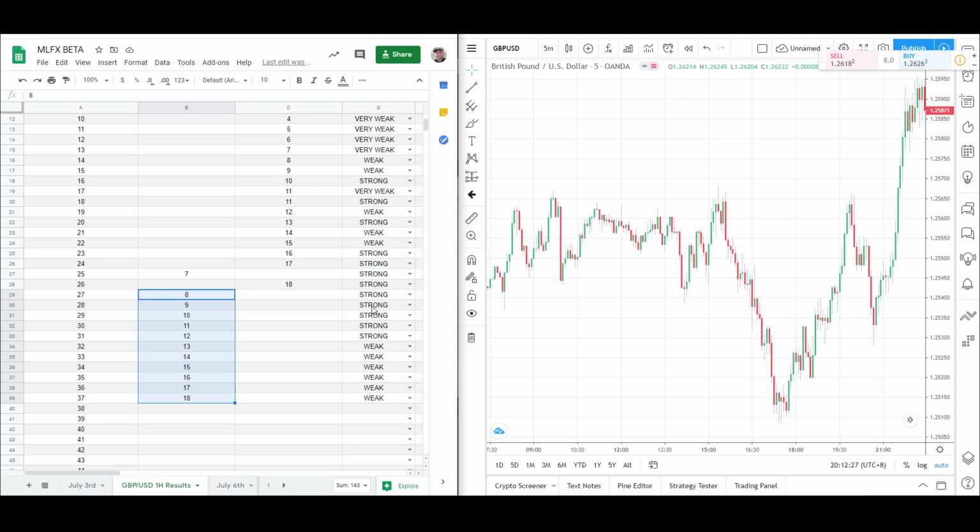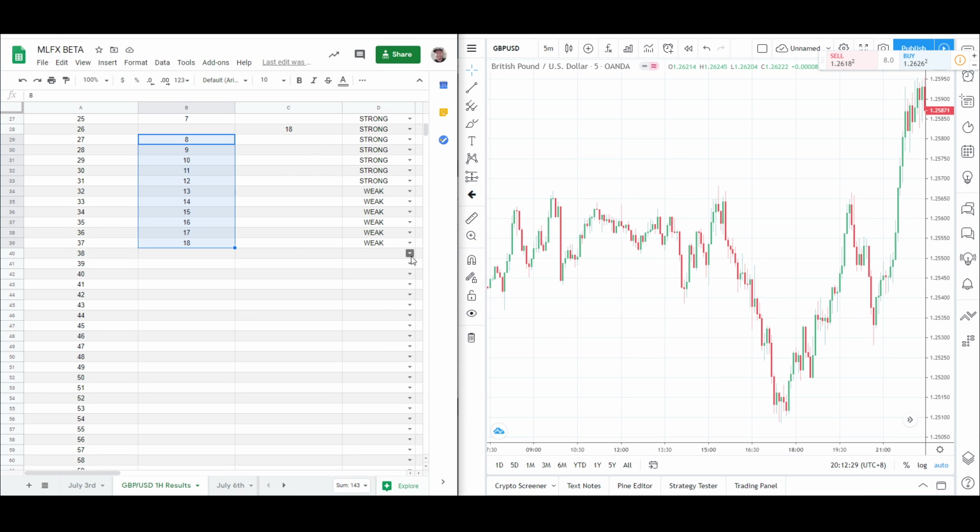Okie dokie, let me result all of these. It was a very strong buy. Then we had weaks for the next 4. And then we had very weaks for the next 4. And we started with a loser. Then we had 2 winners and a loser.